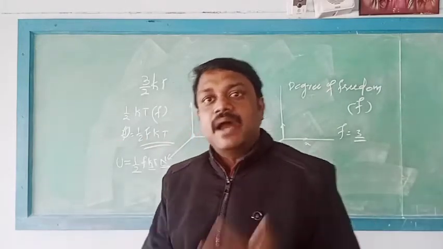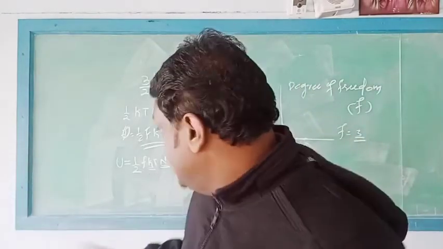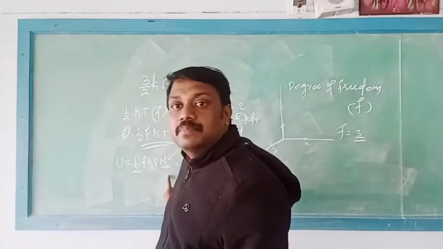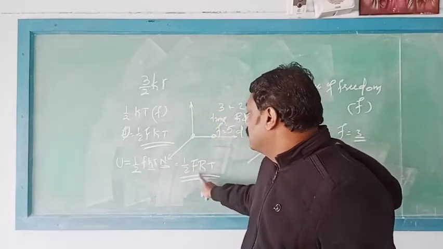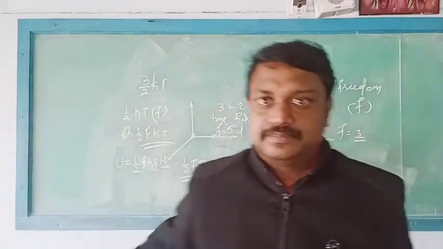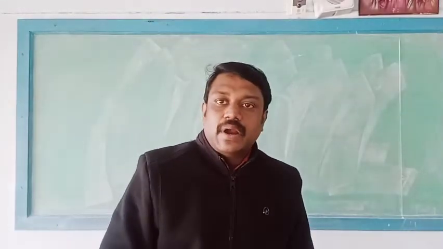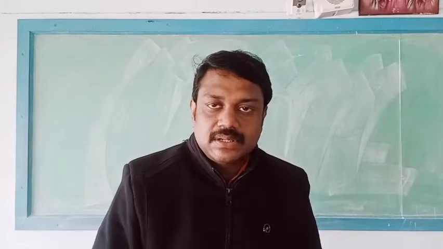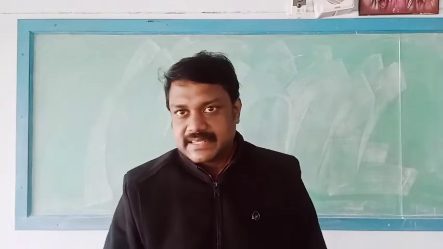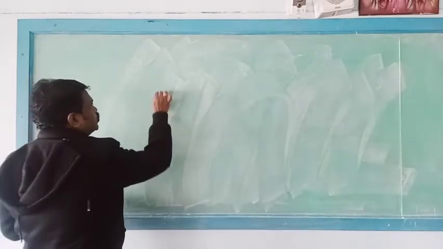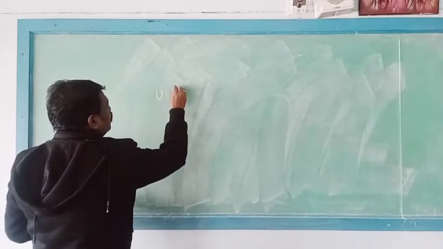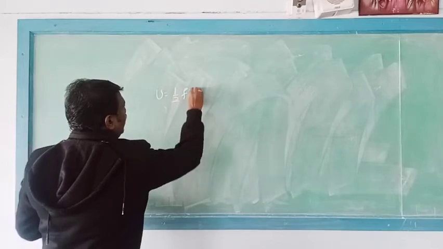If there are N particles, the total internal energy will be 1 by 2 FkT multiplied by N, where k into N is equal to R. So that will be 1 by 2 FRT. So we have seen the total energy of a gaseous system of 1 mole of gas: U is equal to 1 by 2 FRT.